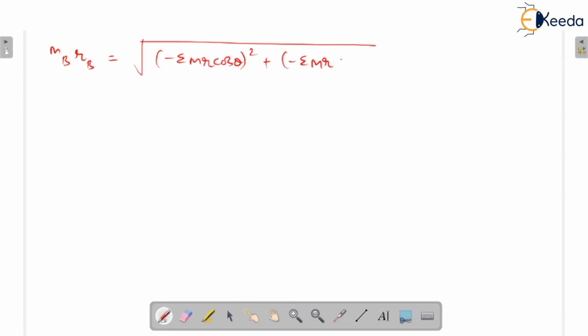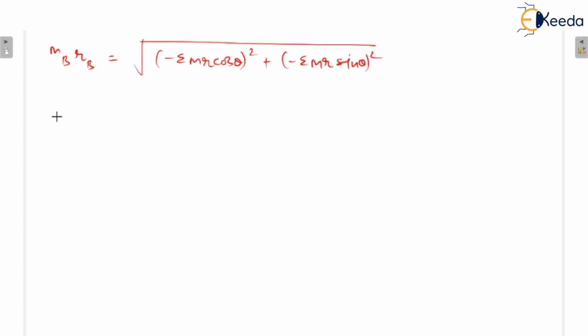First you need to write down the formula, that is MBRB is equal to the square root of (summation of MR cos theta) whole squared plus (summation of MR sin theta) whole squared. First we need to calculate summation of MR cos theta, the horizontal components.